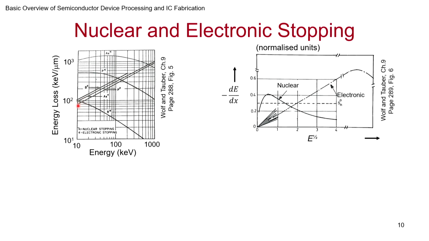So, you find that even for a slightly higher energy of lighter atom implantation, it is the electronic stopping that will dominate. On the other hand, for heavier atoms, it is nuclear stopping that dominates. Arsenic is heavier than phosphorus, you can see it is even higher.